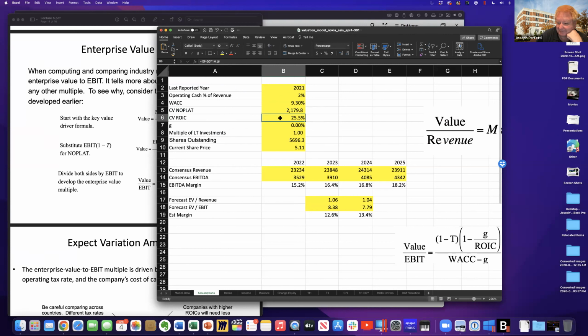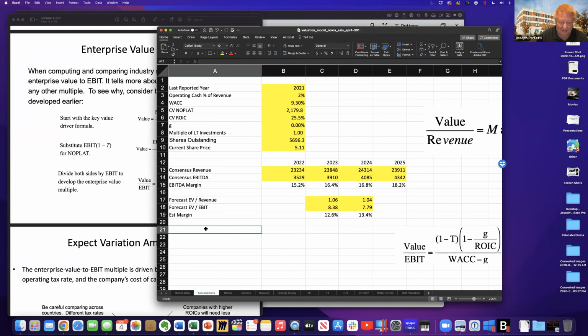So I can solve for a G that basically gets this enterprise value to EBIT to basically match what's in the real world. Okay, so that's what we're about to do.